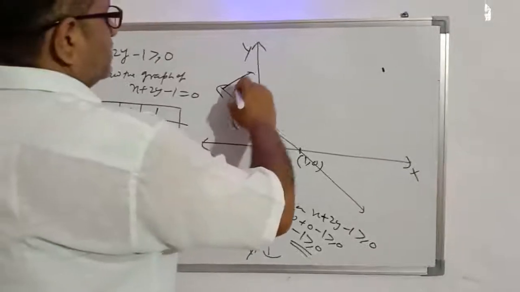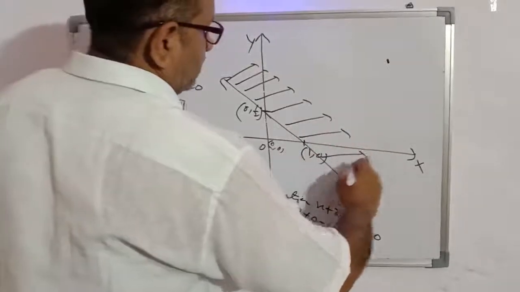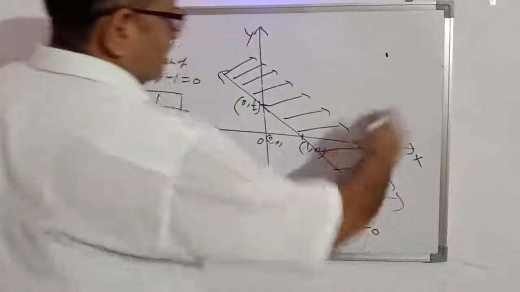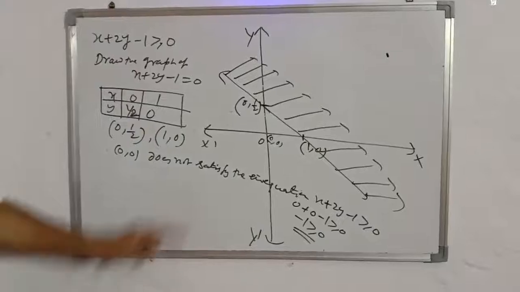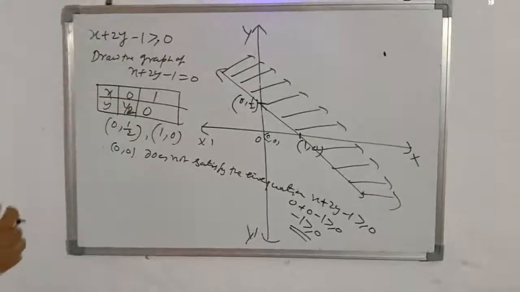This side region will be the solution region. Points on the line are also included because the equal to sign is there.